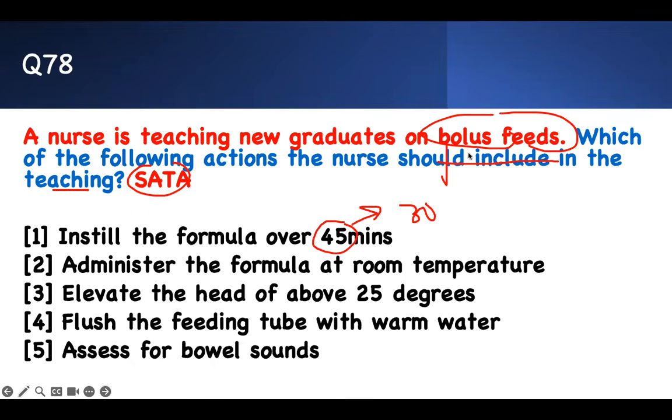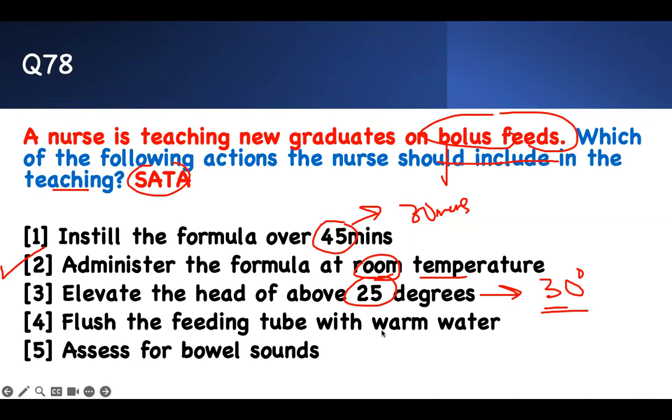Bolus is sharp, very fast, 30 minutes. Administer the formula at room temperature, yes. Elevate the head of the bed to 25. Bolus feed causes aspiration, so 30 degrees is best. 25 is still low, so this is wrong.